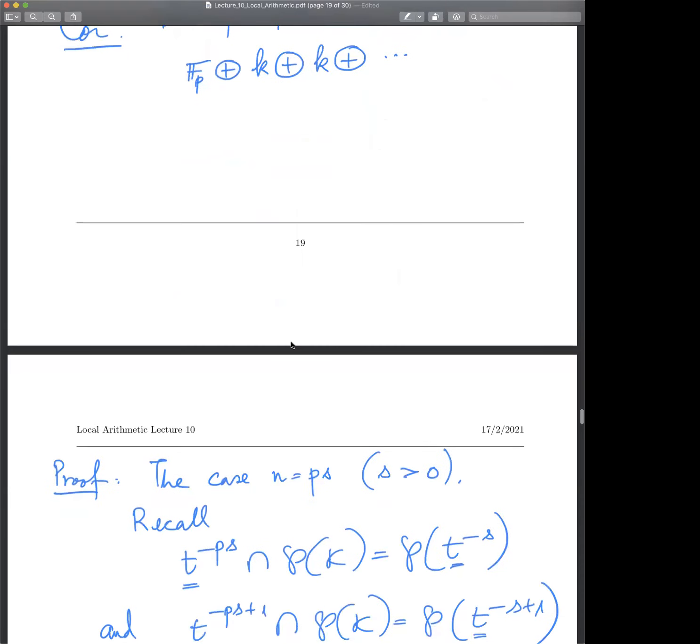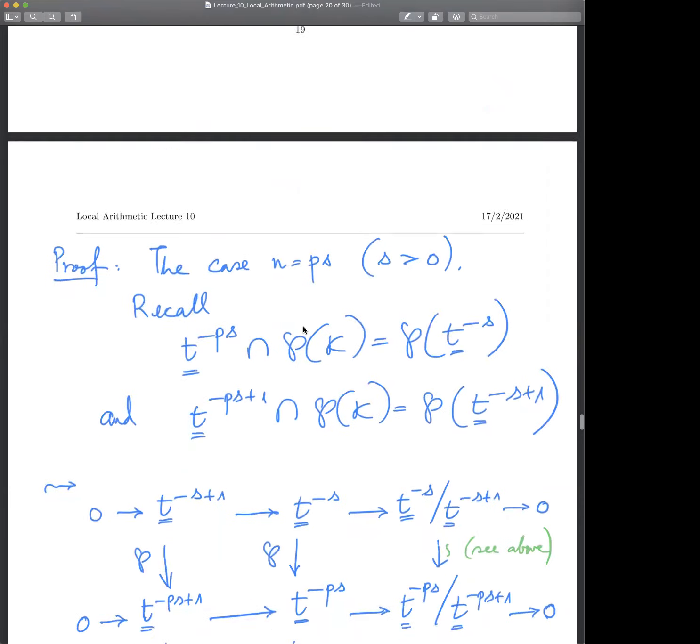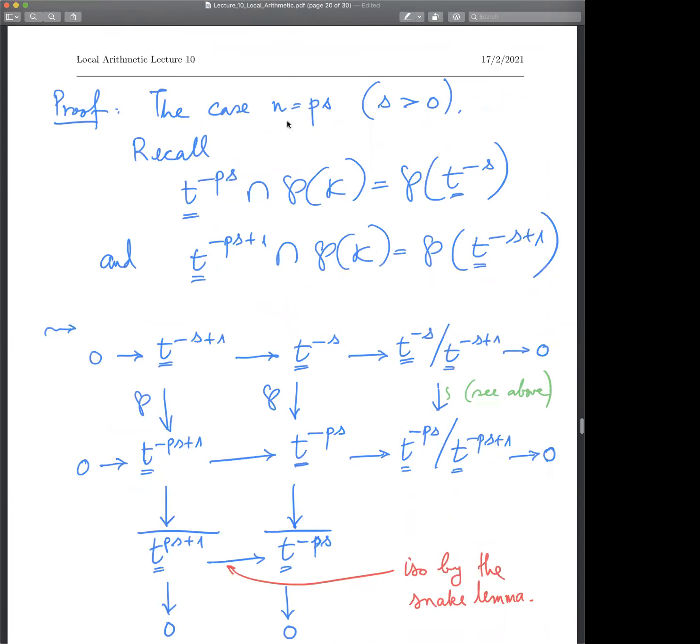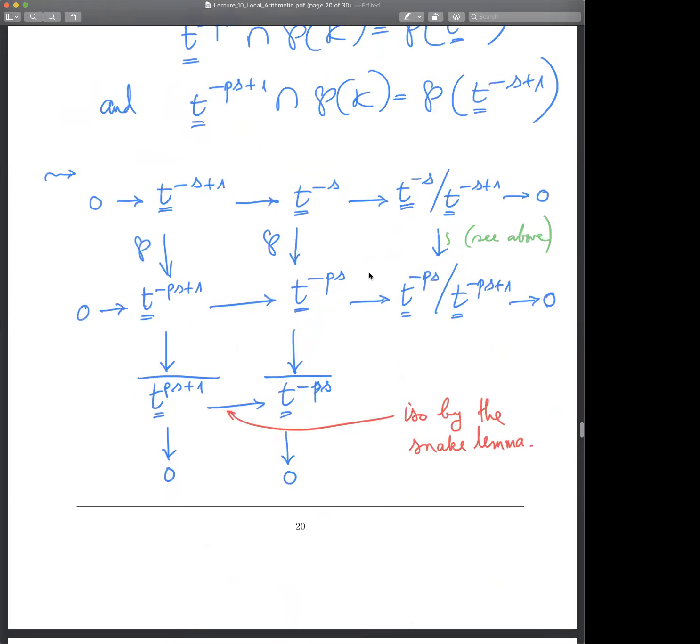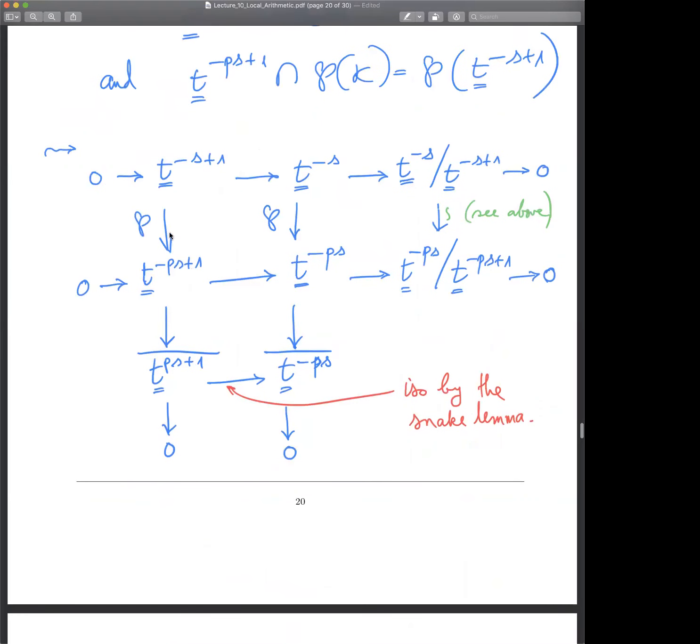Okay, so we need to prove it, right? So let's first look at an n which is a multiple of p. And then, just as before, we had computed what the intersection of this t to the minus ps with pk is. It's p of t to the minus s. So as before, let's look at this square here, the first top left square.